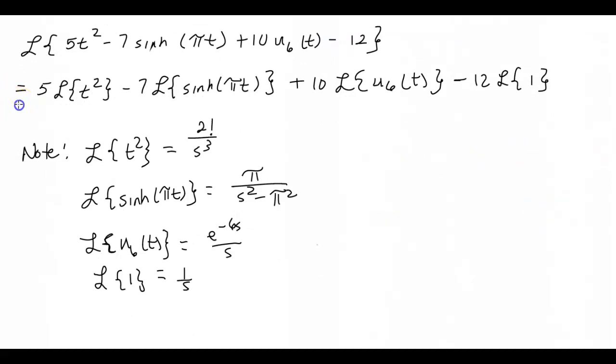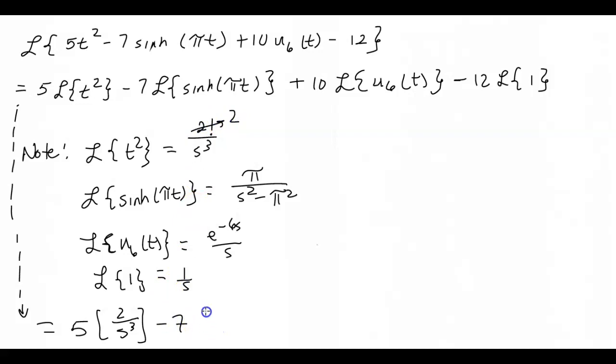So I'll bring this down here and say this is 5 times 2 over s cubed, because we know 2 factorial is just 2, minus 7 times pi over s squared minus pi squared.